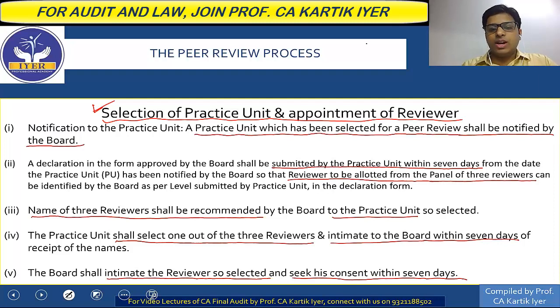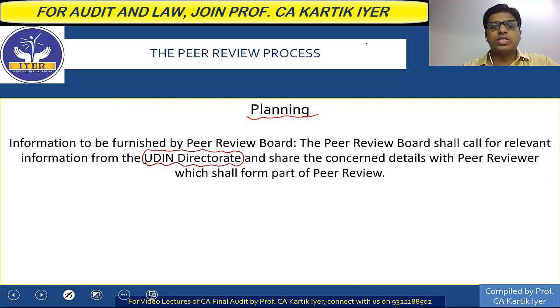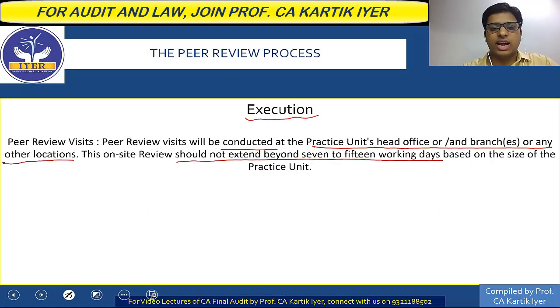In the entire peer review process, you will see that there are very few changes. So whatever is pertaining to the changes, I've kept only that. But the selection of practice unit and appointment of reviewer, I've given in entirety, because only then you will get the context of it. However, if you see the planning part, only that small information which is added now, I'll be providing, and in relation to the execution part also in the same way.